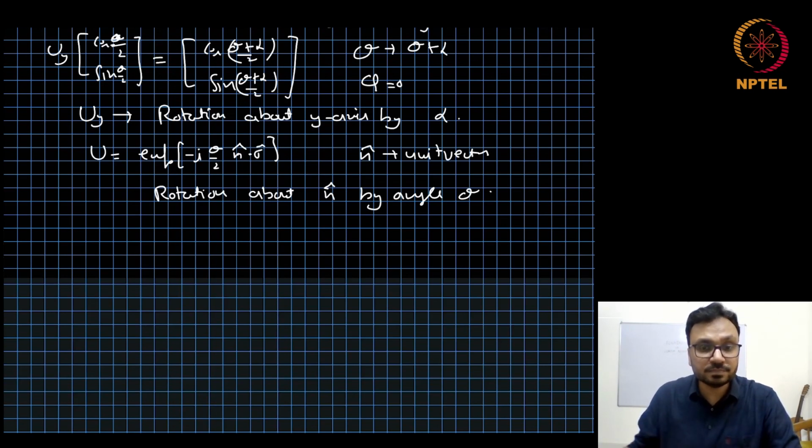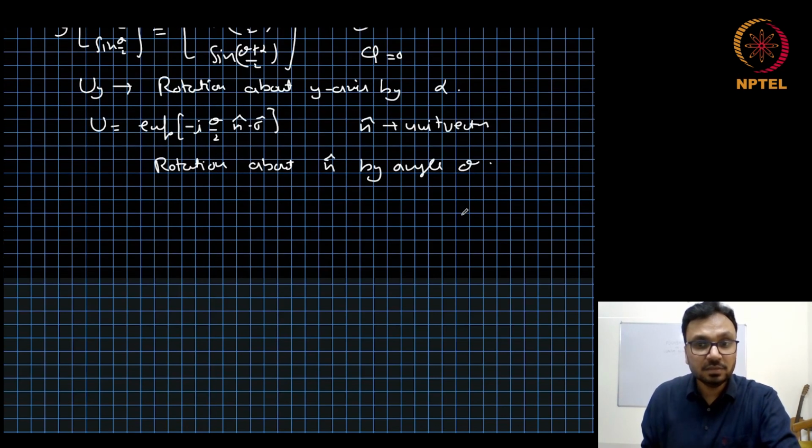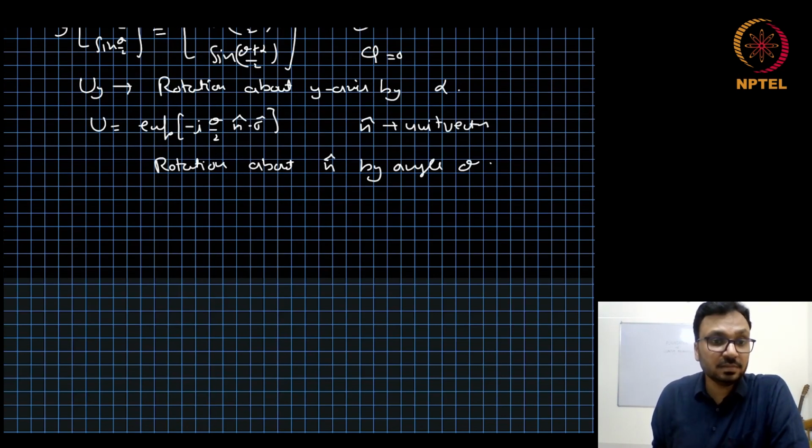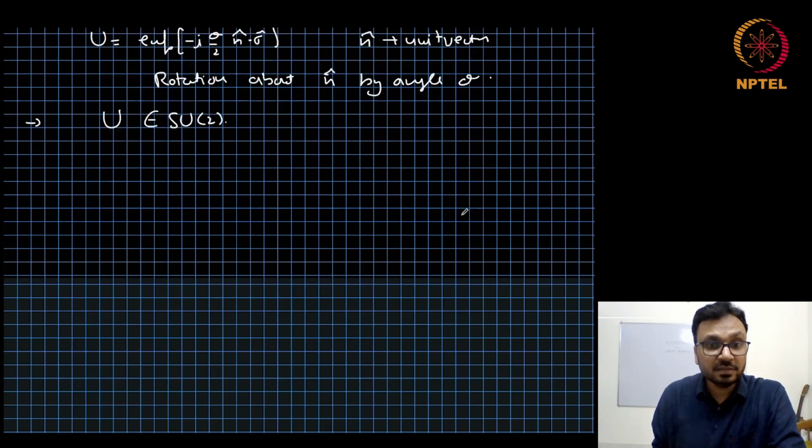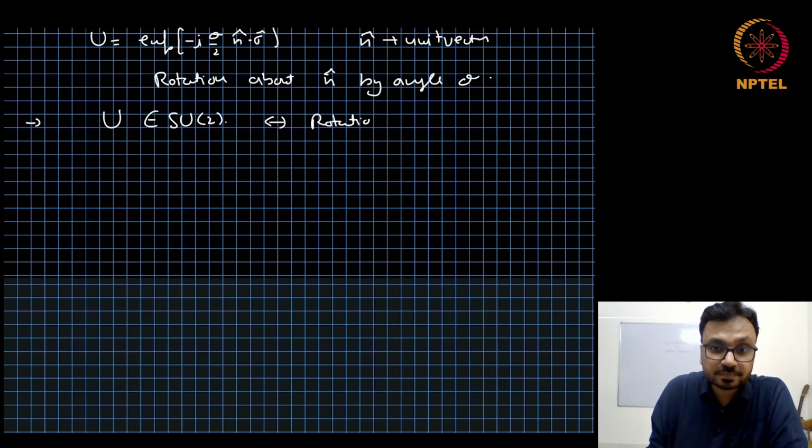And so all these things are very interesting. We can make a very general statement here that for a unitary matrix U, which belongs to special unitary 2 by 2, there is a corresponding rotation in R3.